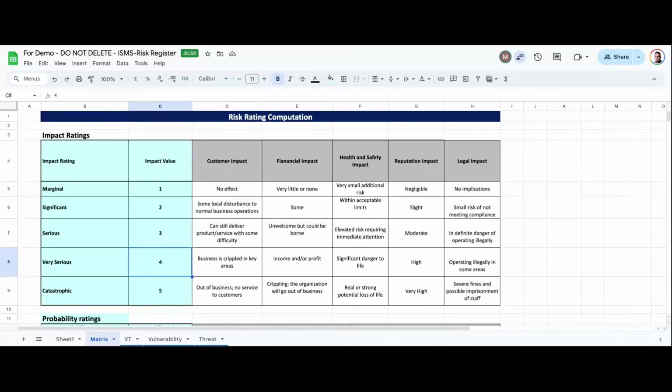Yes, it happens. Some companies would have 500 risks, some would have 1,000 risks. We'll discuss how to prioritize them, because you can't deal with everything. You have limited bandwidth and limited resources. So we'll come to that.